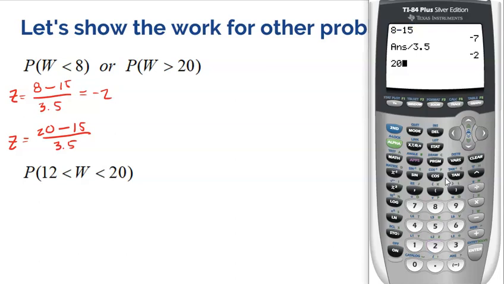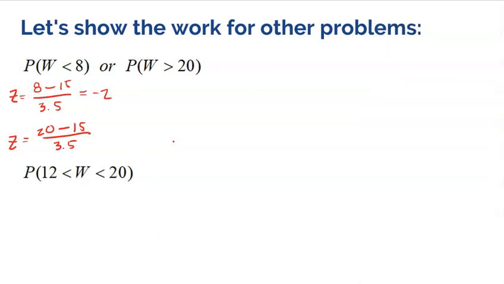Then I'm going to do 20 minus 15, divided by 3.5 as well, and that works out to be 1.4286. All right. So now what I'm going to do is write down in context what I'm trying to find, and that's actually already written on my paper, but you would rewrite it.